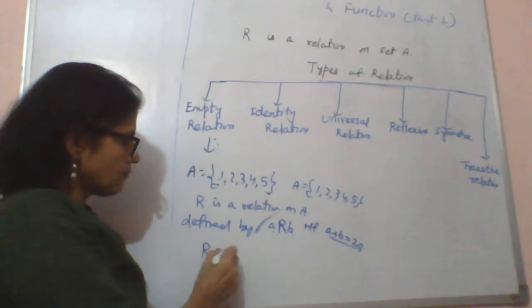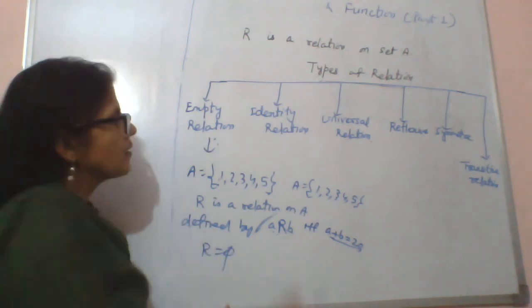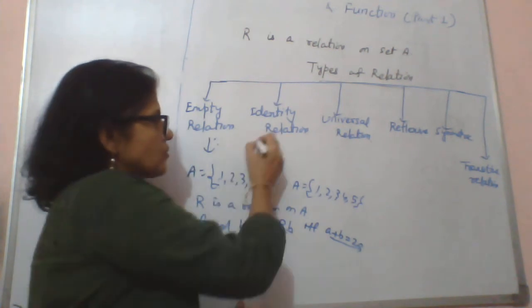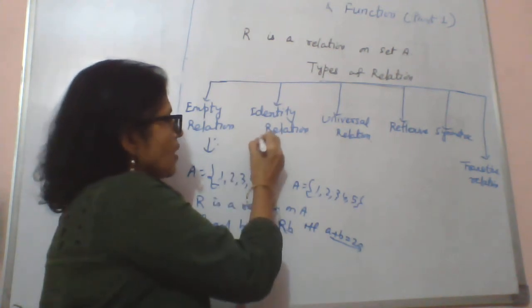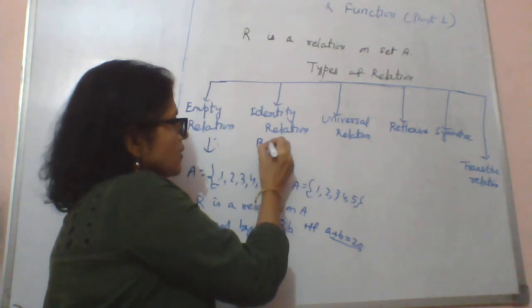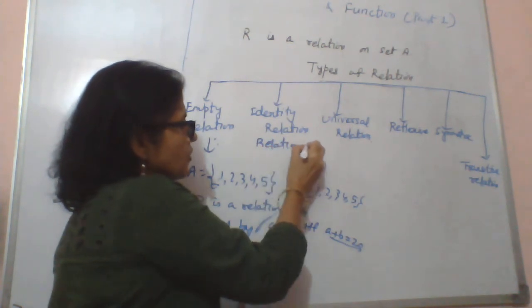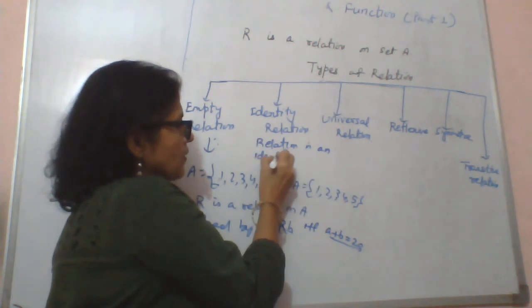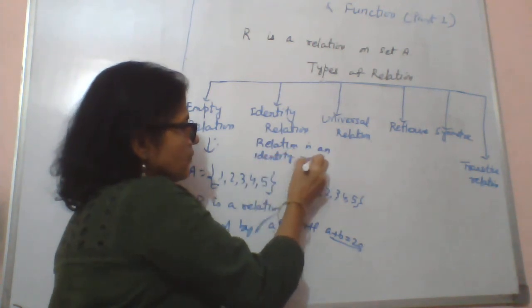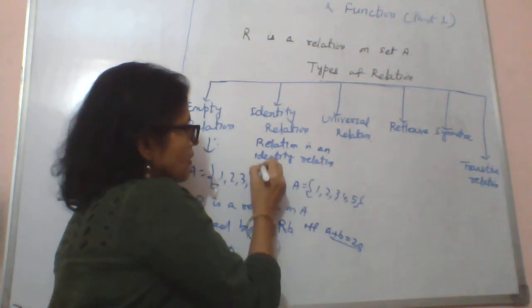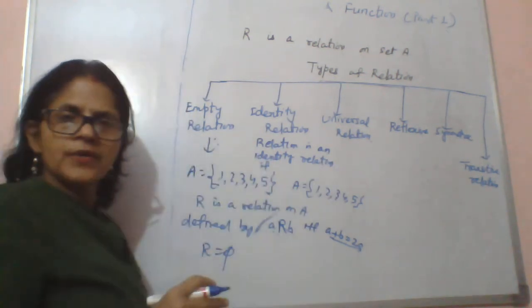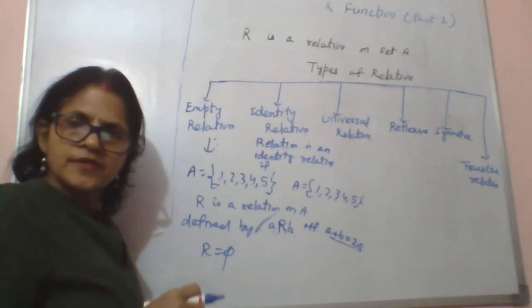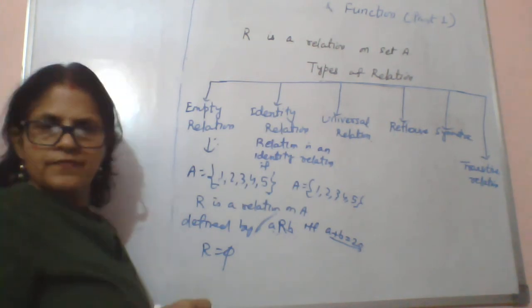Now identity relation. Here, the relation is an identity relation if every element is related to itself and only to itself.